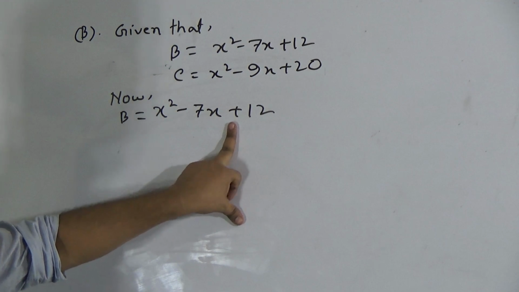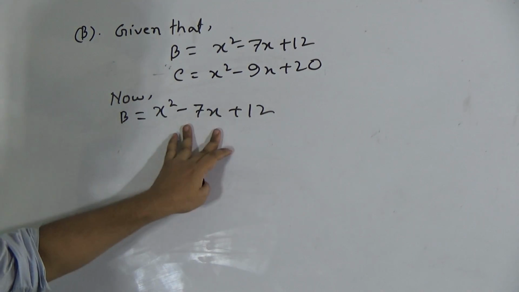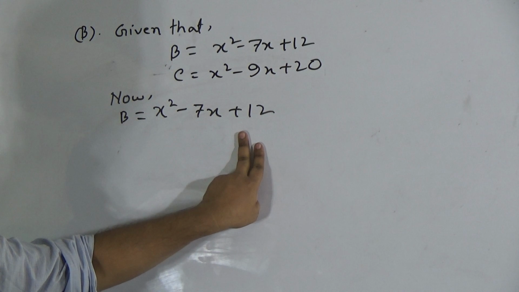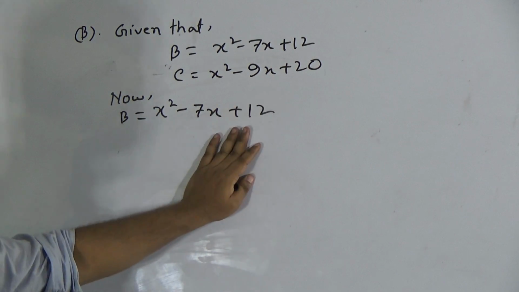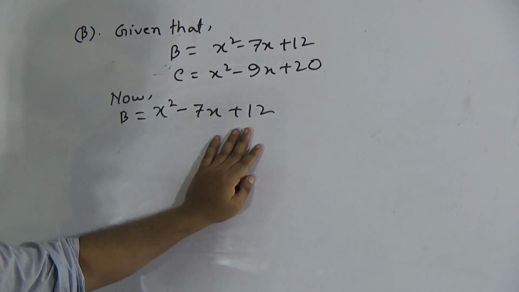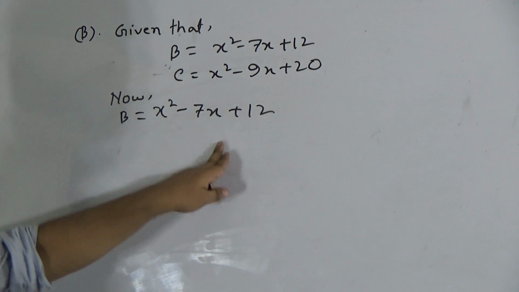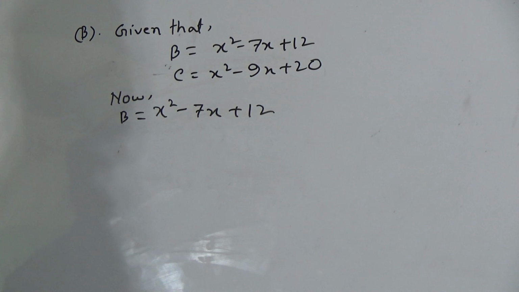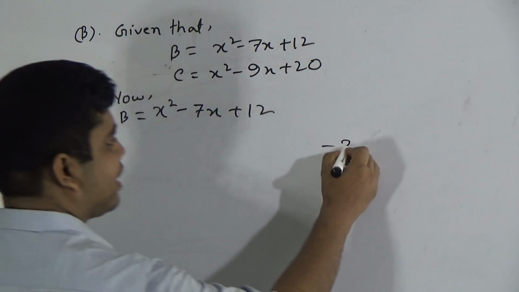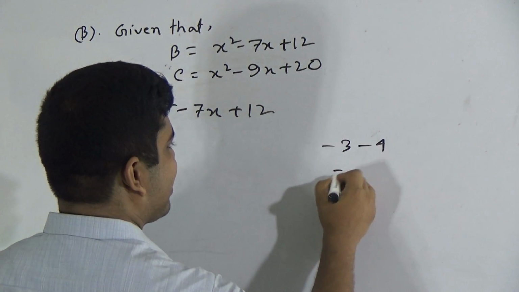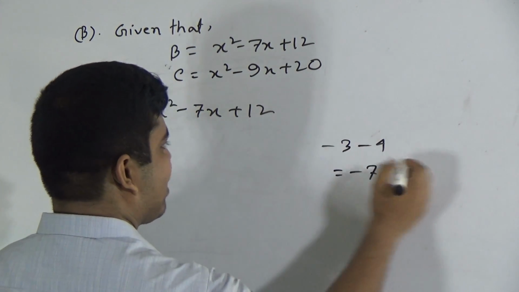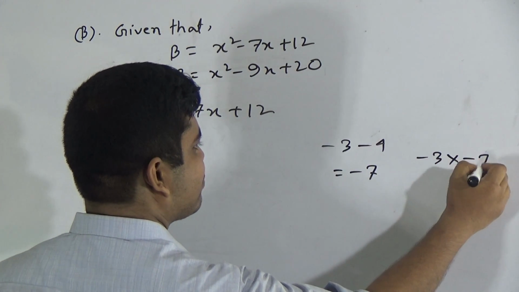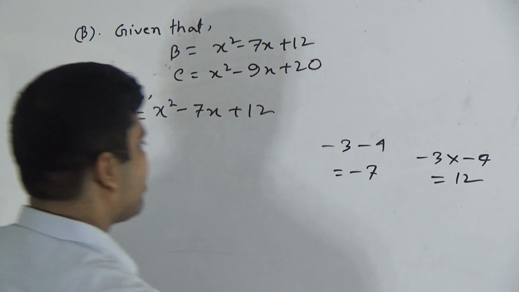So we break this middle term by addition. We can do addition in two ways, plus plus and minus minus. But here it is minus, so we take minus and minus. For 12, we know minus 3 and minus 4. If we add, we get minus 7. If we multiply minus 3 and minus 4, we get plus 12. I hope you have understood.